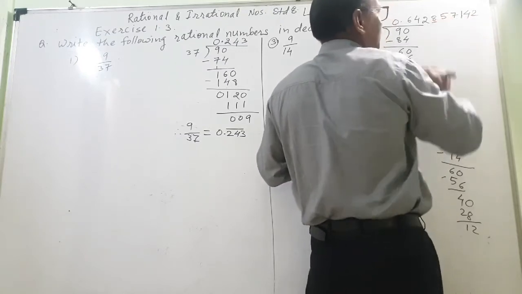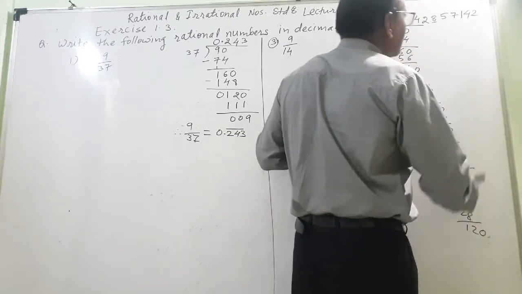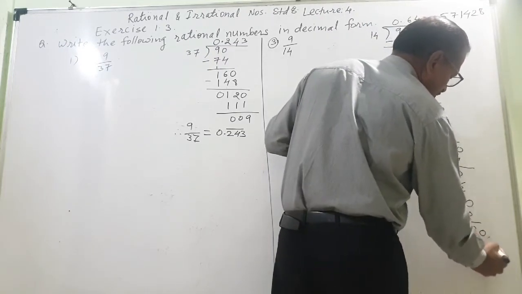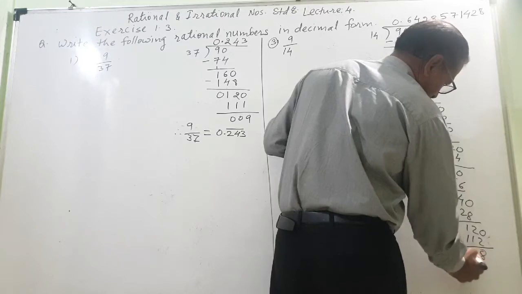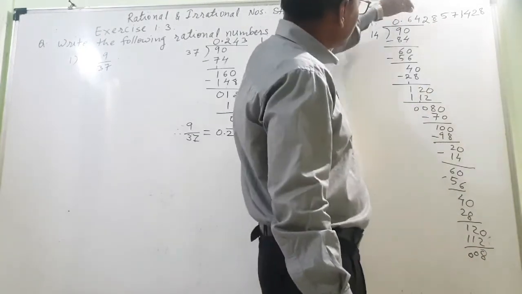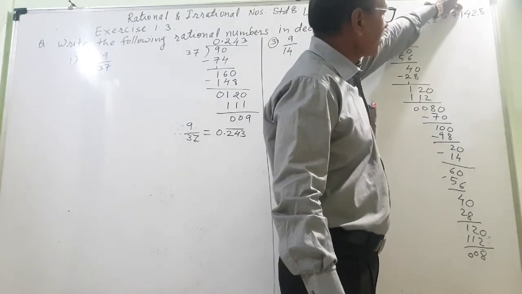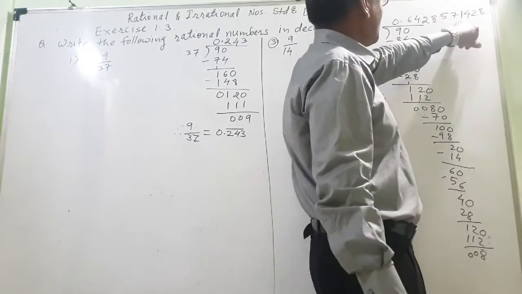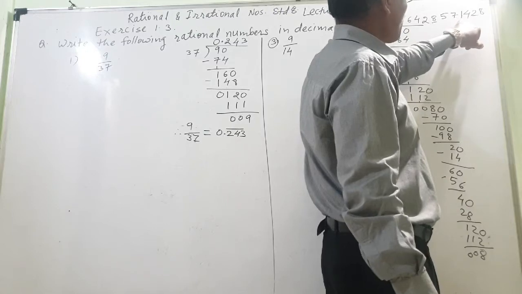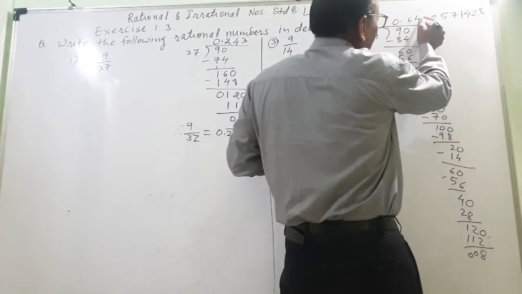Again this will come. Check it. 14 eights are 112. See this: 4, 2, 8, 5, 7, 1. Again it will come: 4, 2, 8, 5, 7, 1. That means it is repeating from 4 onwards.